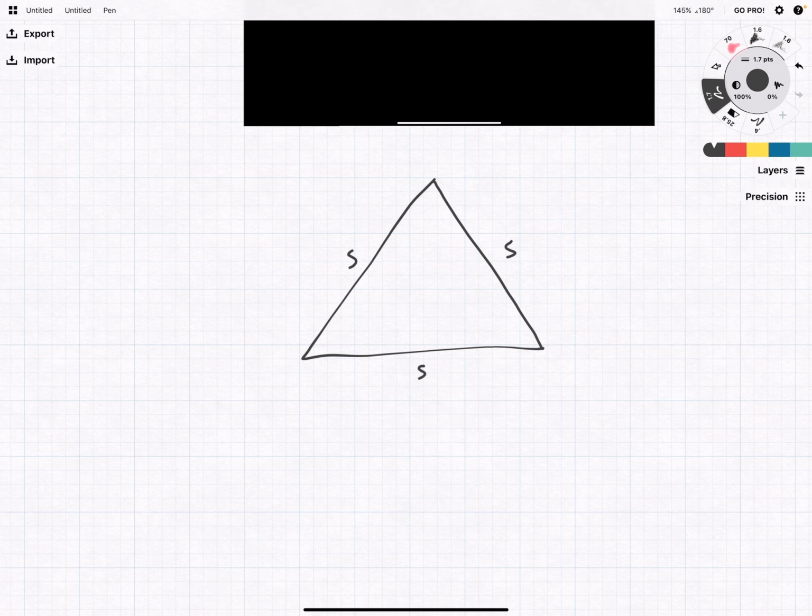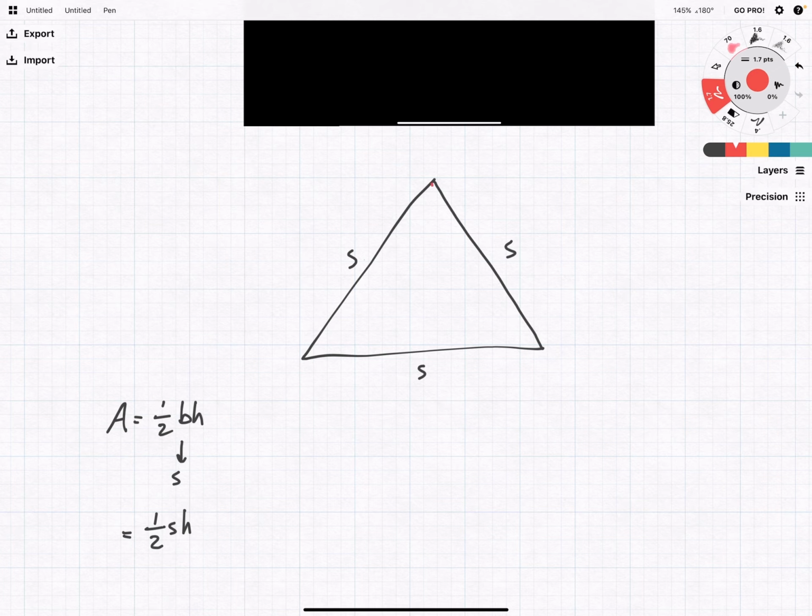Now, in general, the area of a triangle is equal to 1/2 base times height. Well, our base is equal to s, so we have part of it done. We have the area equal to 1/2 s times height. But how do we find this height? Well, we're going to use what's called an altitude.